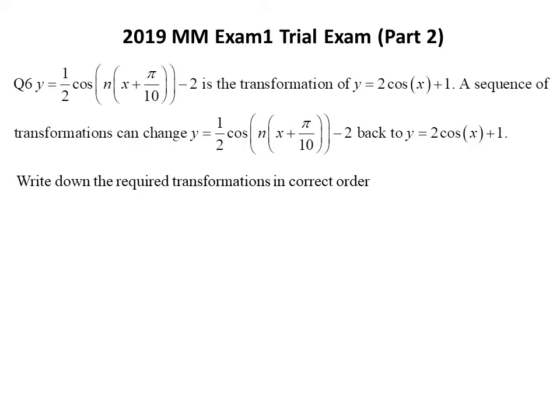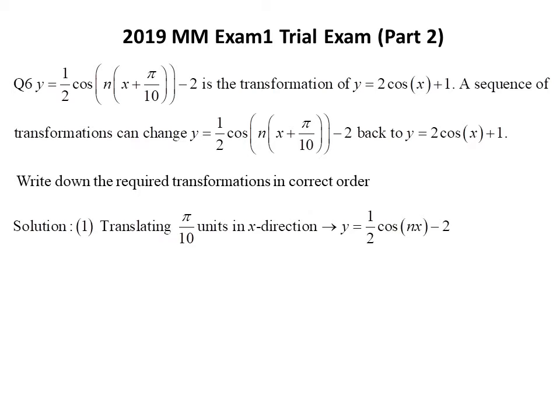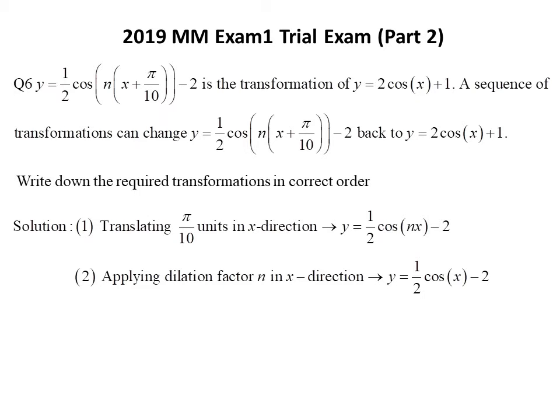Usually, there is more than one way to achieve the required function through a series of transformations. As for this question, we start by translating pi over 10 units in x direction. After the translation, the new function is shown on the right side. The second step is to apply dilation factor n in x direction.